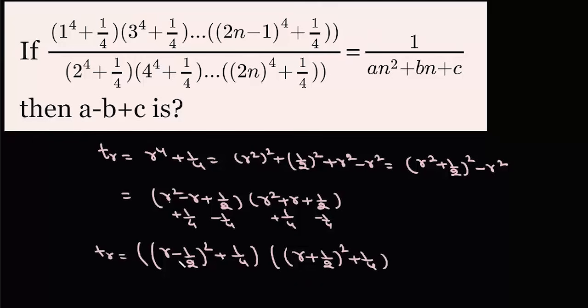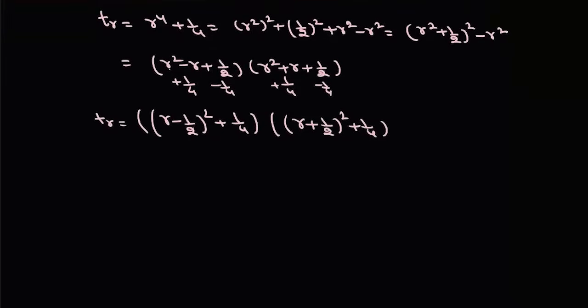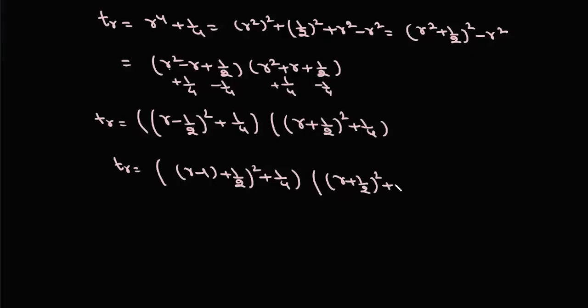Now we can also write this as tr equals (r minus 1) whole square plus 1 by 4, into (r plus 1 by 2) whole square plus 1 by 4. Now basically this series is t1 upon t2 into t3 upon t4 up to t(2n minus 1) upon t(2n).